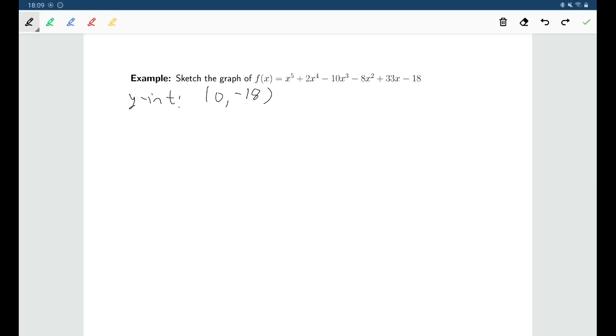For the x-coordinates, we'll need to find the zeros for this polynomial, and so for that, we'll use the rational zero theorem. Leading coefficient is 1, factors are plus or minus 1, constant term is negative 18, factors are plus or minus 1, 2, 3, 6, 9, and 18.